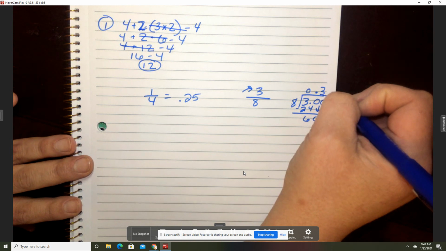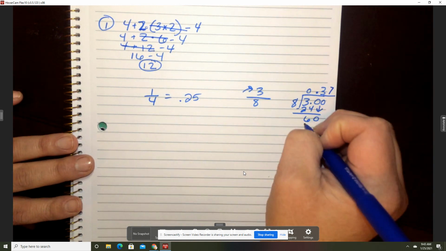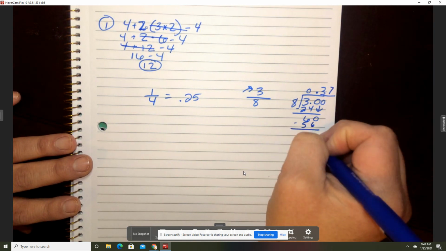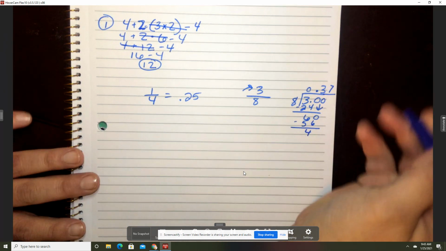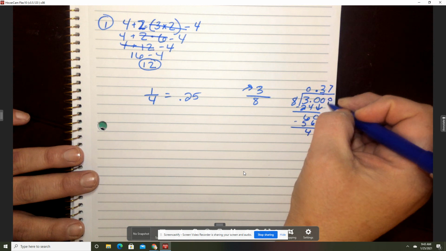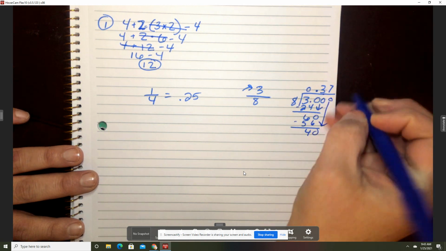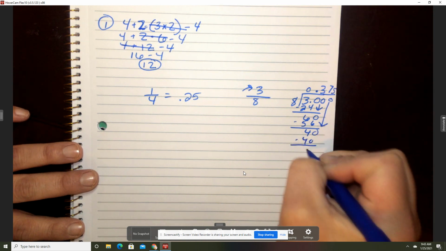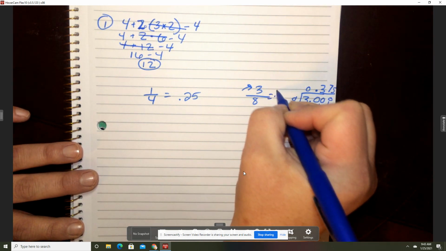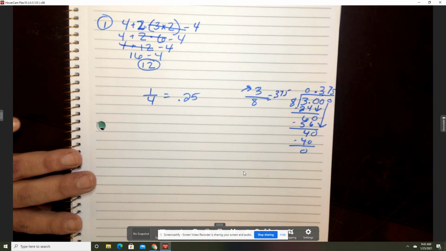Nope, 7 times. 7 times 8 is 56. And then that is going to be a 4 left over. And you can add another 0 right here, bring it down, and then 8 will go into 40 5 times. 5 times 8 is 40. So 3/8 is equal to 375 thousandths.